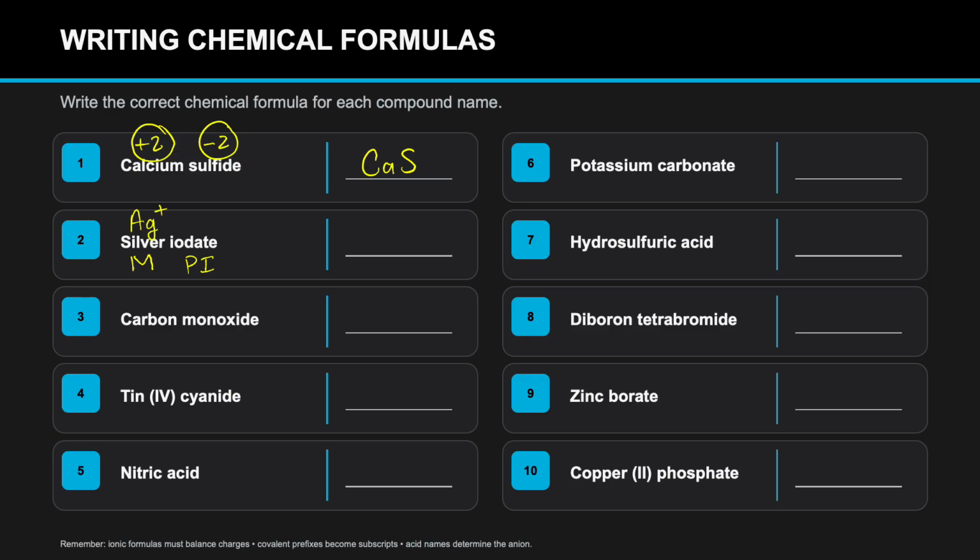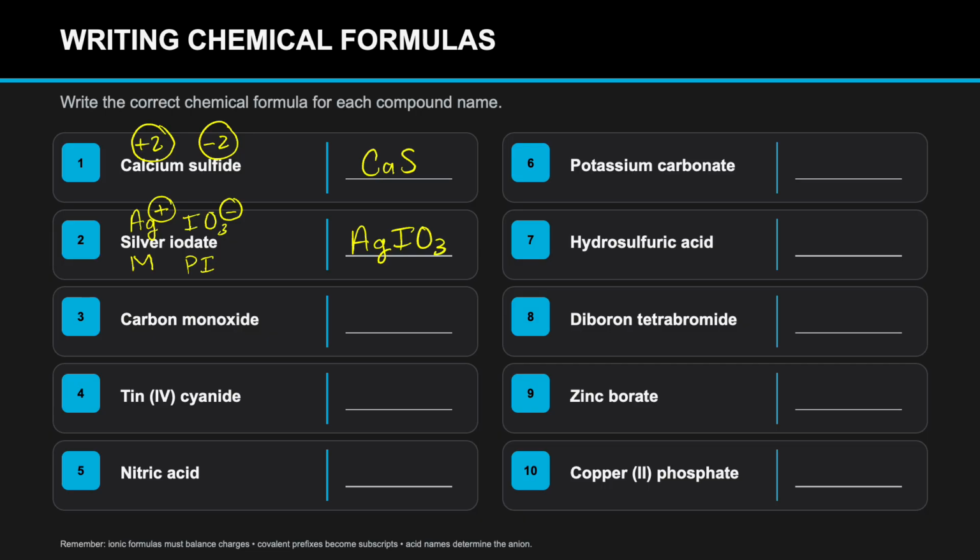So Ag only has a charge of +1, and iodate is IO3 with a -1 charge. So you can see +1, -1 already cancel out, so we are just writing one of each. And that is our answer for that one. Keep in mind, we do put parentheses around polyatomic ions only if there are more than one. So here we only have one iodate, so we're not going to write parentheses.